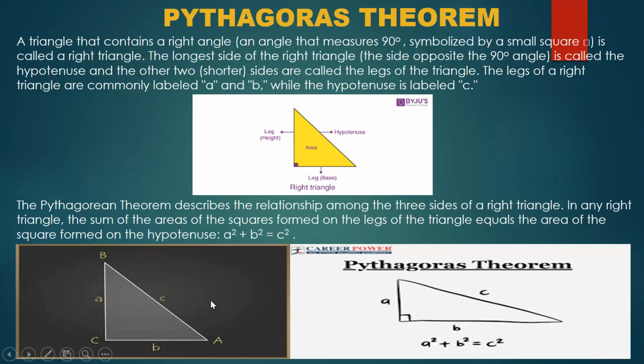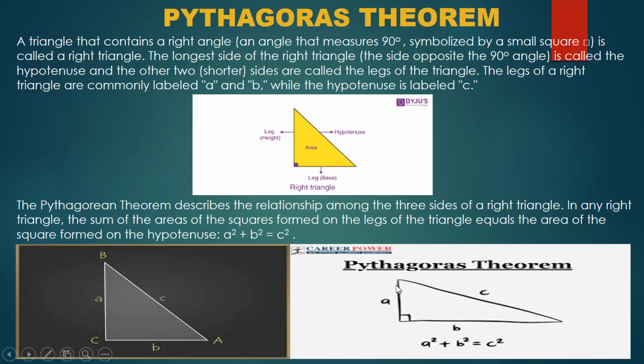We can see in this diagram that the three sides are represented by the small letters A, B, and C. This is the hypotenuse opposite to the 90-degree angle, and these are the shorter sides, which are called the legs of the right angle triangle. The Pythagoras theorem states that the sum of the squares of the shorter sides of a right angle triangle is equal to the square of the hypotenuse.